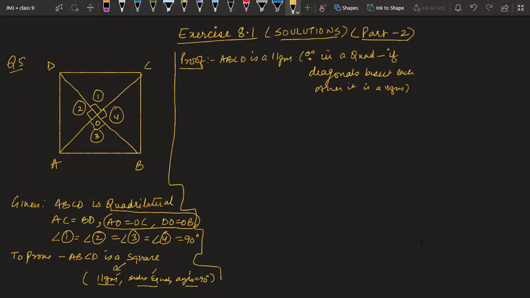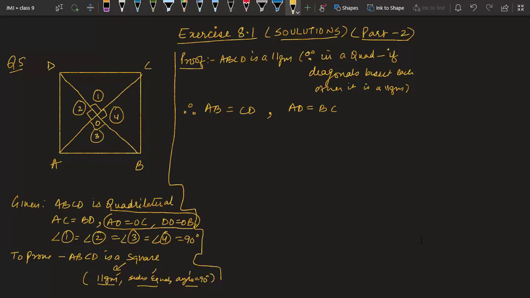Okay. Also we can say after this, next task is to prove sides equal. So right now we can say, therefore, as ABCD is a parallelogram, AB is equal to CD, that is opposite sides are equal, also we can say AD equal to BC.